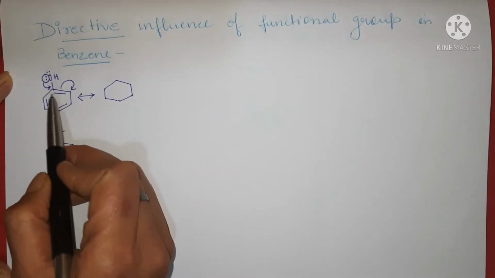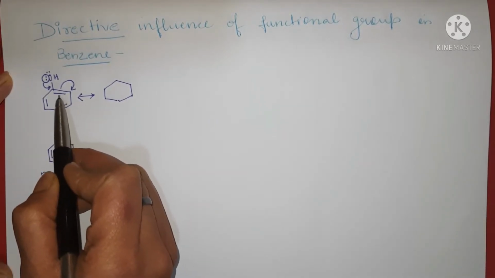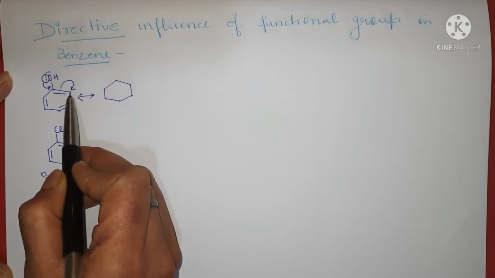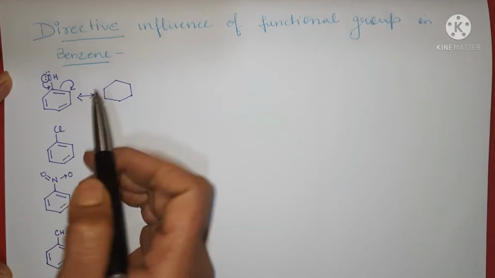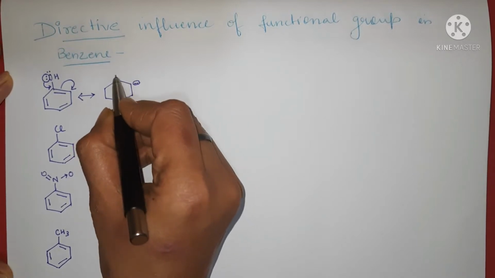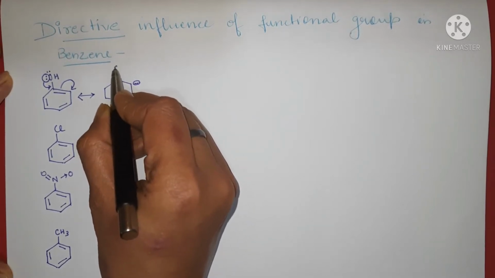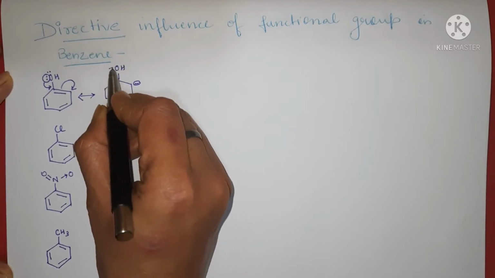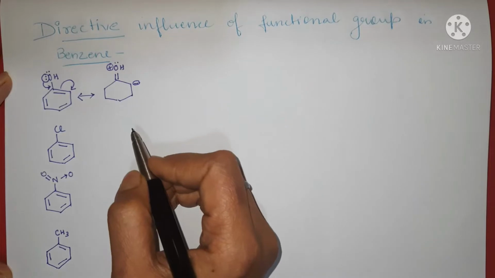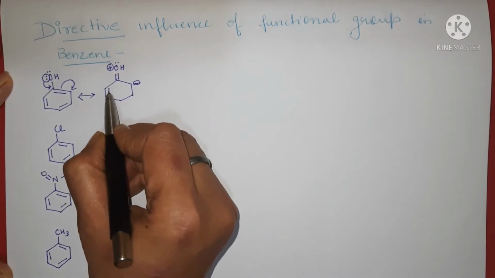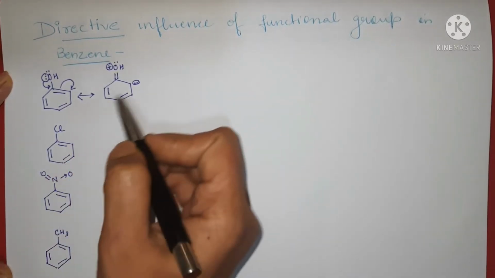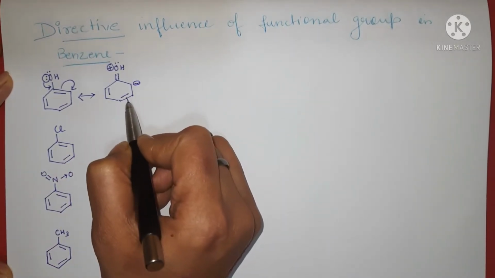As it moves inside the ring, the pi electrons of this double bond will shift onto this carbon. So on carbon number 2 we will have a negative charge, and here there will be a double bond with OH, and oxygen has one positive charge with one lone pair, and the rest of the double bonds I will form like this. Now again there will be a circulation.